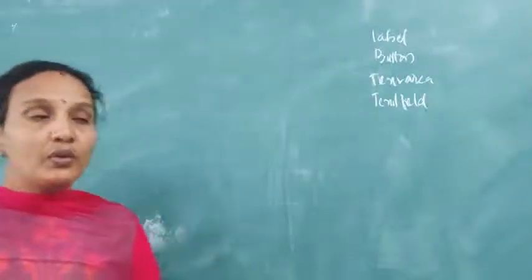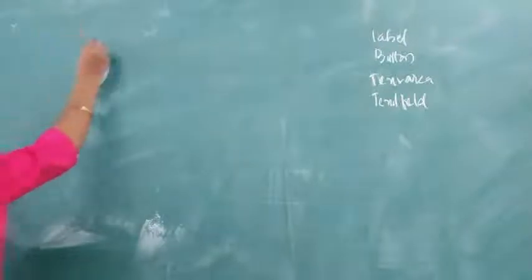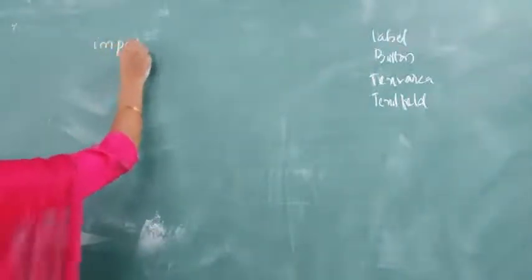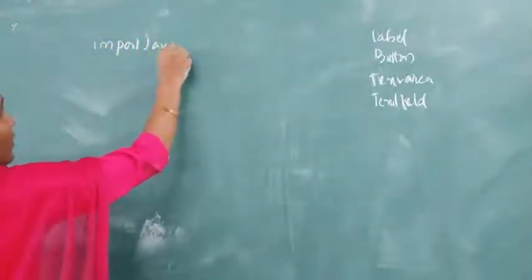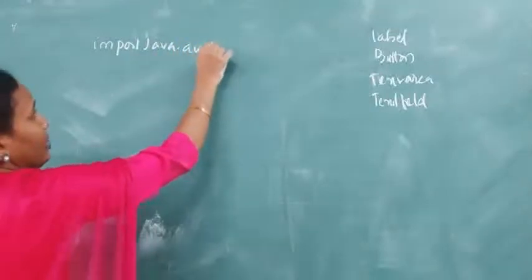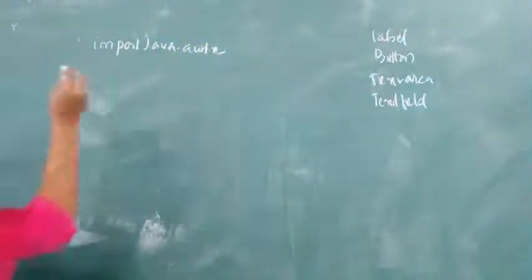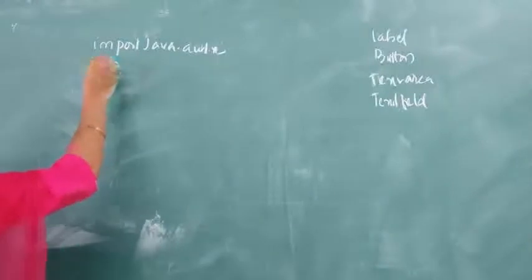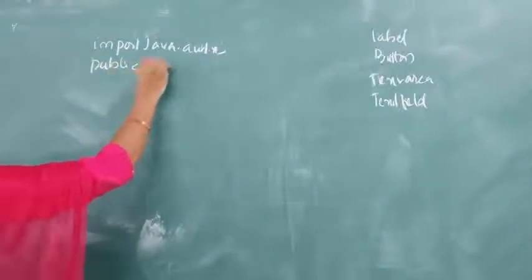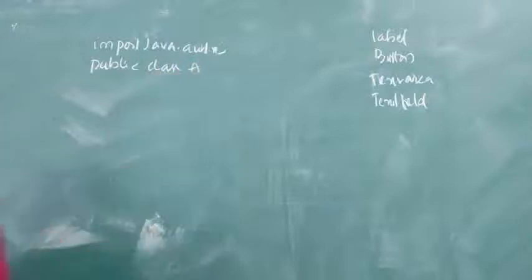Okay, so if you want to add to the frame, as usual, you write import java.awt. You should import the Java package. Next, public class A. You should create a class which is public.